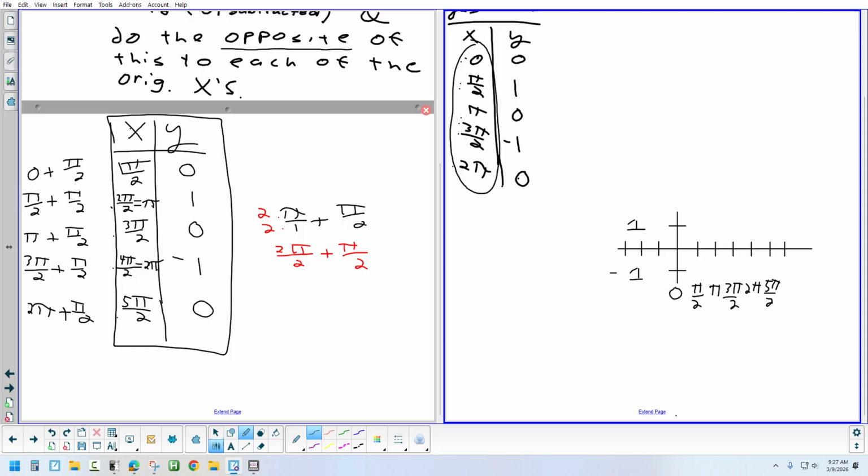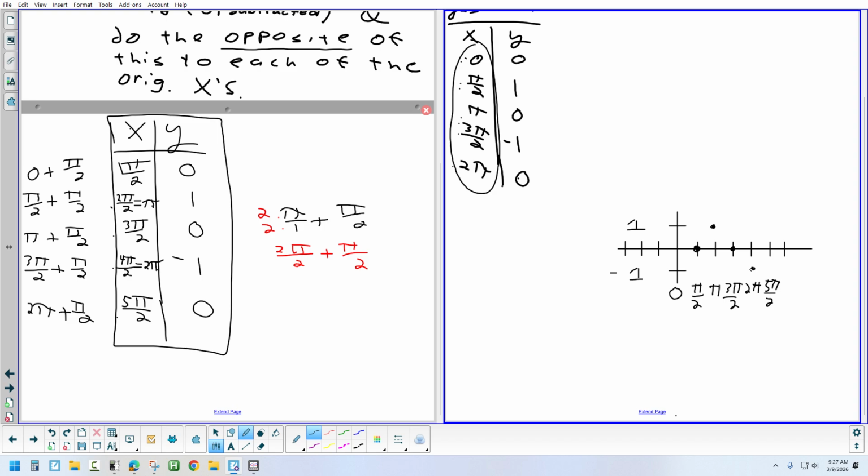So the first point is pi over 2, 0. That is right there. The next point is pi, 1. Second point. Third point, 3 pi over 2, 0. The fourth point, 2 pi. We are at -1.